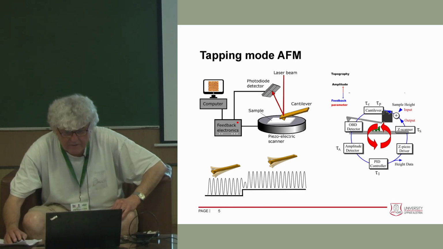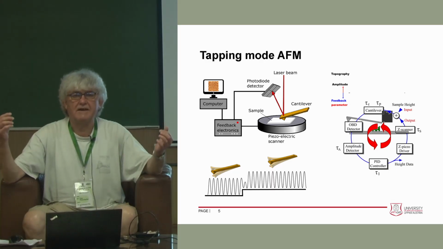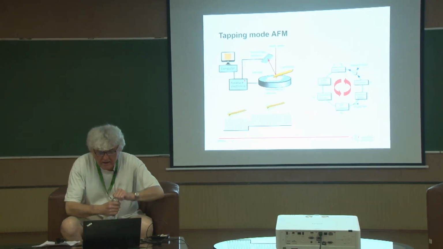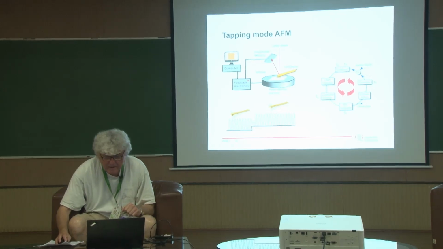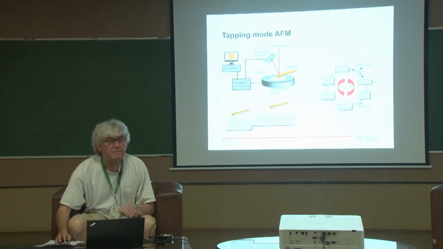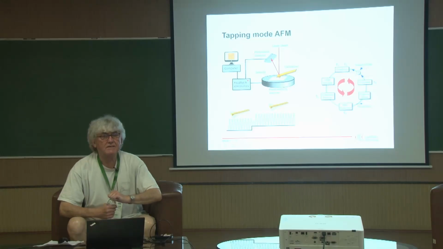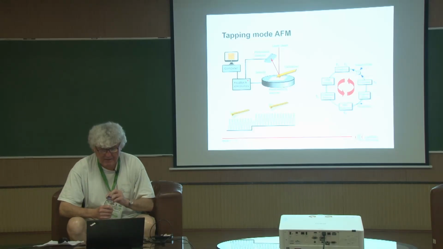And this is how it's processed, and this is how it comes to the output. And every single step takes a little bit of time. First of all, the cantilever response, then the optical beam deflection detector. So everything uses up some time.